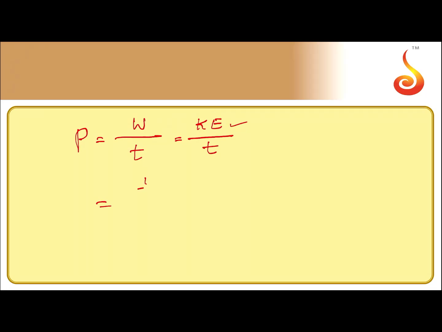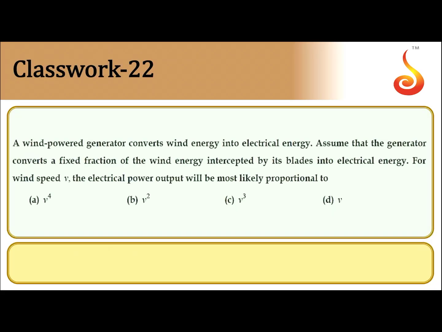Remember, we had come across this kinetic energy, which is given by half rho A v cube, and this is divided by t. So if you simplify it further, we get power is directly proportional to v cube. A very simple problem. Power is directly proportional to v cube. C is our correct choice.